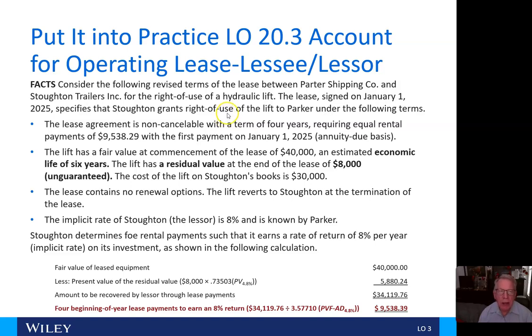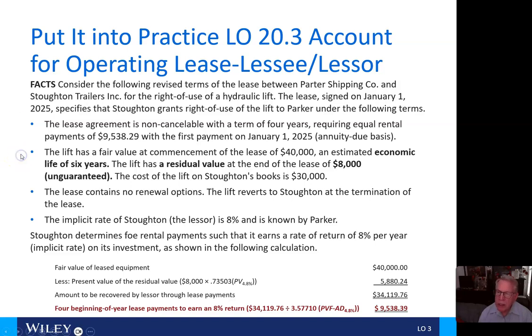The lease, signed on January 1, 2025, specifies that Stroughton grants right of use of the lift to Parker under the following terms. Number 1, the lease agreement is non-cancelable with a term of 4 years requiring equal rental payments of $9,538.29, with the first payment on January 1, 2025, an annuity due basis.